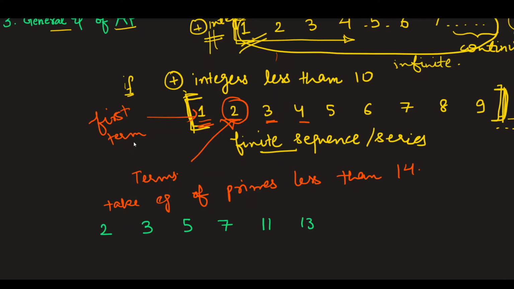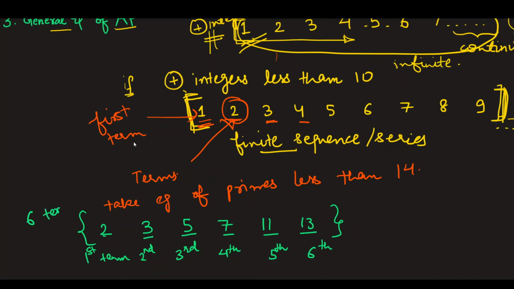So this is the first term, the second term, the third term, the fourth term, the fifth term, and the sixth term. So this sequence has a total of 6 terms.